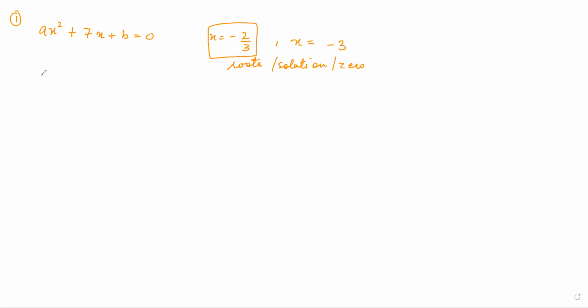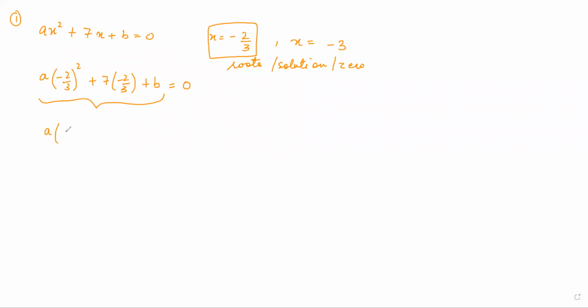If I put in place of x minus 2 by 3 whole square plus 7 into minus 2 by 3 plus b, in that case also I'm going to get 0. This left hand side is also equal to 0. That is the meaning of root. Understood, Sarah? Yes, ma'am.